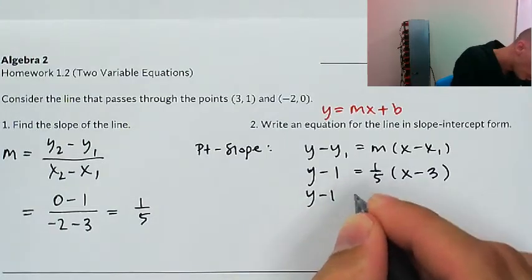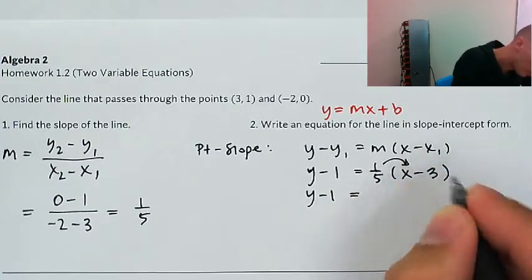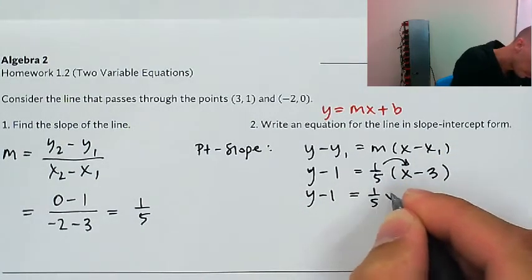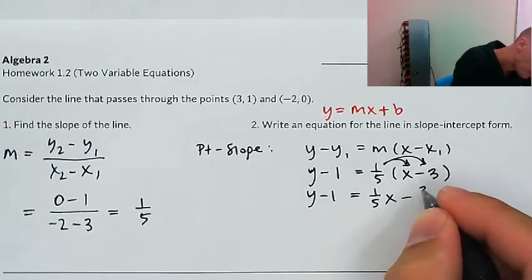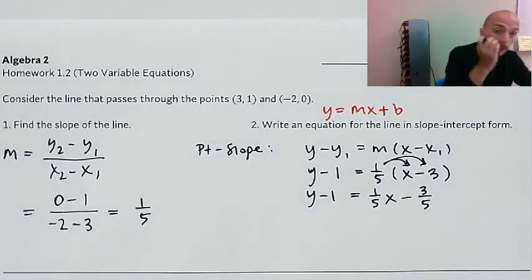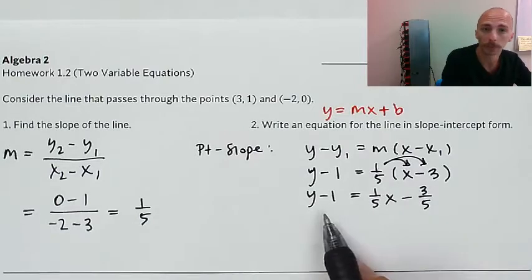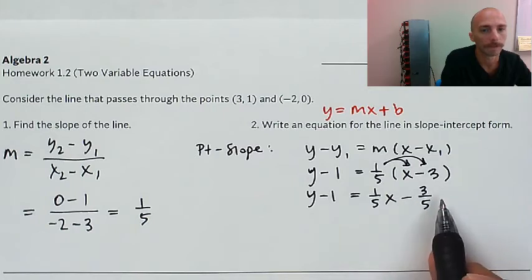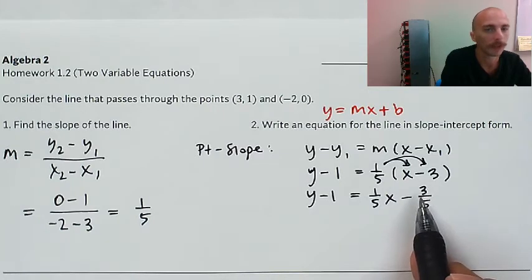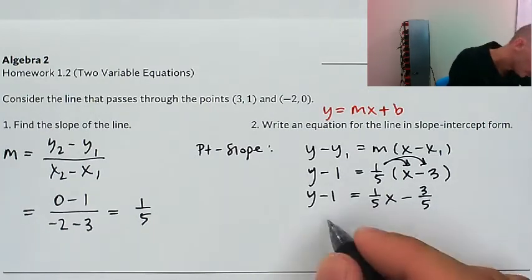So I'm going to say y minus 1 is equal to 1/5 of x minus 1/5 of 3. So I'm just going to call that 3/5. And then I'm going to add 1 to both sides, right, to solve for y. And so 1, that's 5/5. So if I have 5/5 minus 3/5, that will be a total of 2/5.